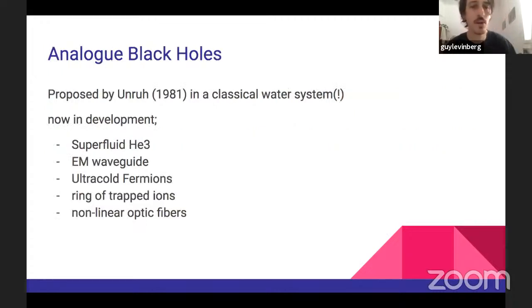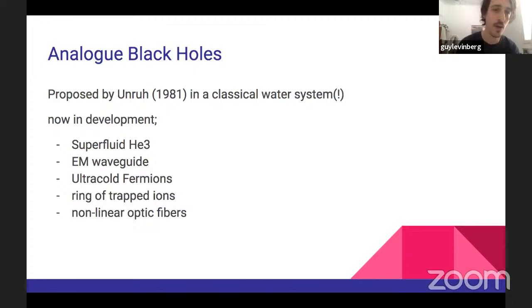What's interesting about this is that people have proposed a way to simulate black holes. First of all, Unruh made an observation in '81 about analog black holes in water, which is a classical system. But instead of light, he thought of sound, where phonons can be considered as photons in this example.